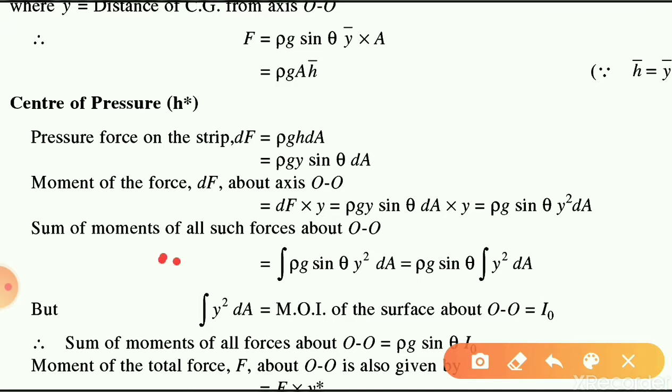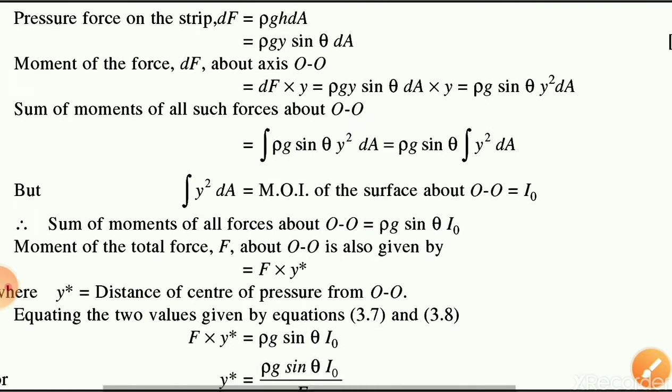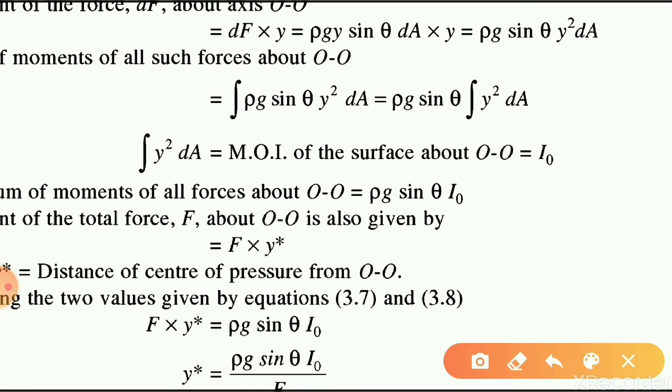So the sum of all such moments about axis O will be the integration of ρ g sinθ y² dA. Here ρ g sinθ is constant, so it comes out of the integration, giving ρ g sinθ times the integration of y² dA. But we know that the integration of y² dA is the moment of inertia about the axis OO, which is denoted by I0.